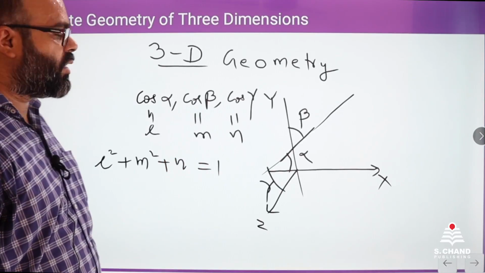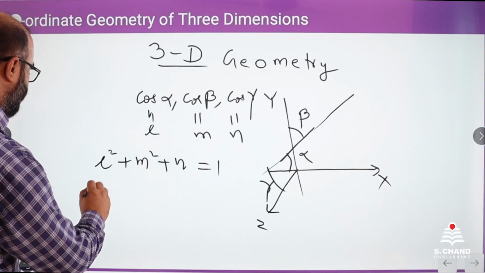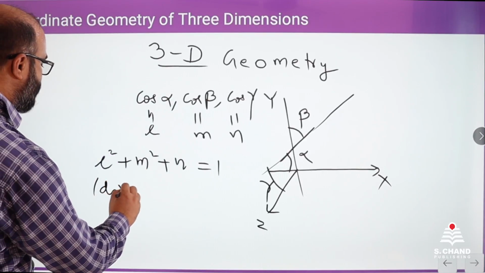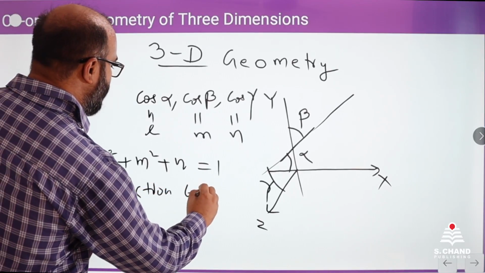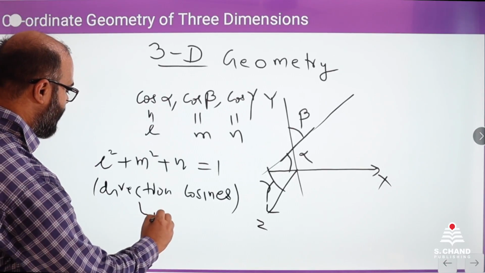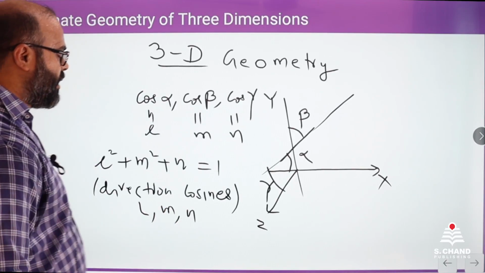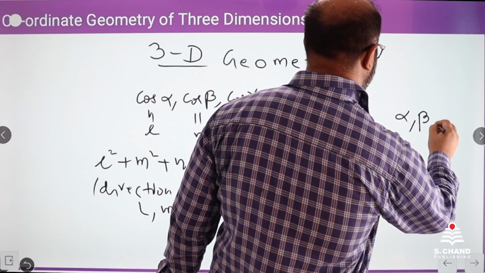This is the first result which we have to remember regarding it. These are called the direction cosines, as alpha, beta, gamma are called the direction angles. So direction cosines are L, M, N, and alpha, beta, gamma are the direction angles.